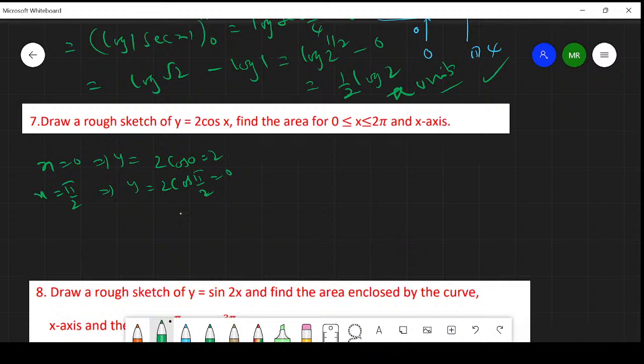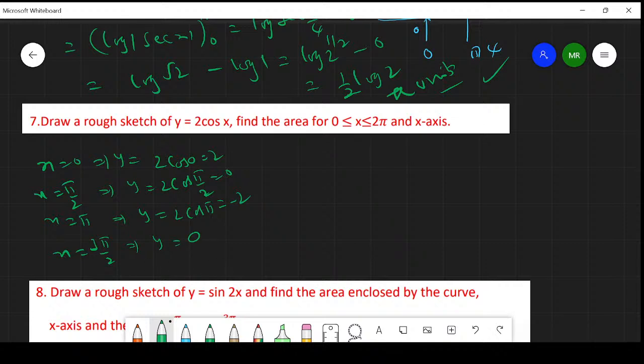Similarly, if x equal to pi, y is 2 into cos 180, which will be minus 2. Then x equal to 3 pi by 2: 2 into cos 3 pi by 2 will be 0.